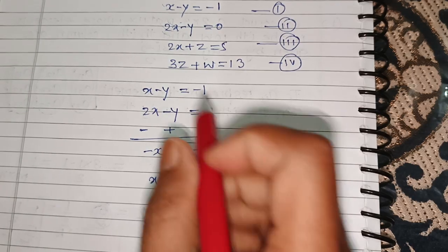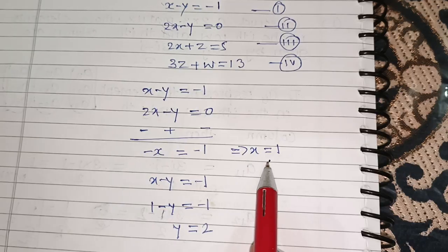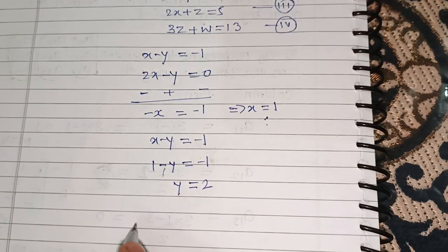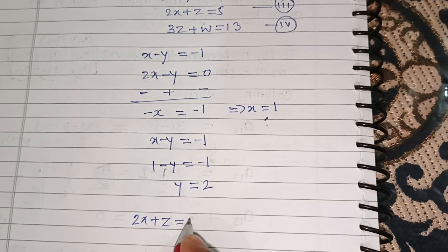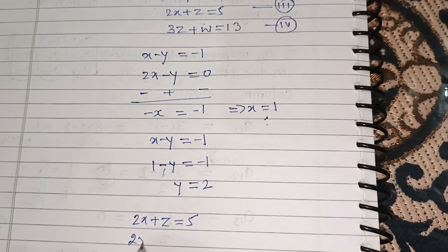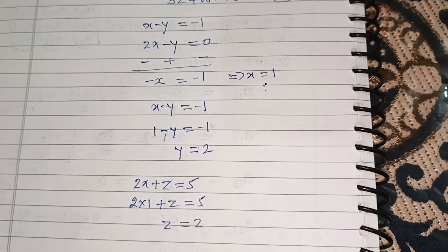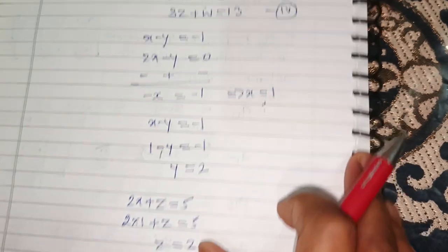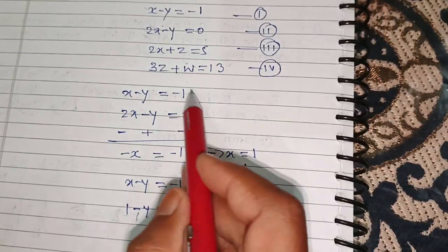So we put the value of x in equation third. Okay, so 2x plus z is equal to 5, so 2 into 1 plus z equal to 5, so z equal to 3. Now we put the value of z in equation 4.